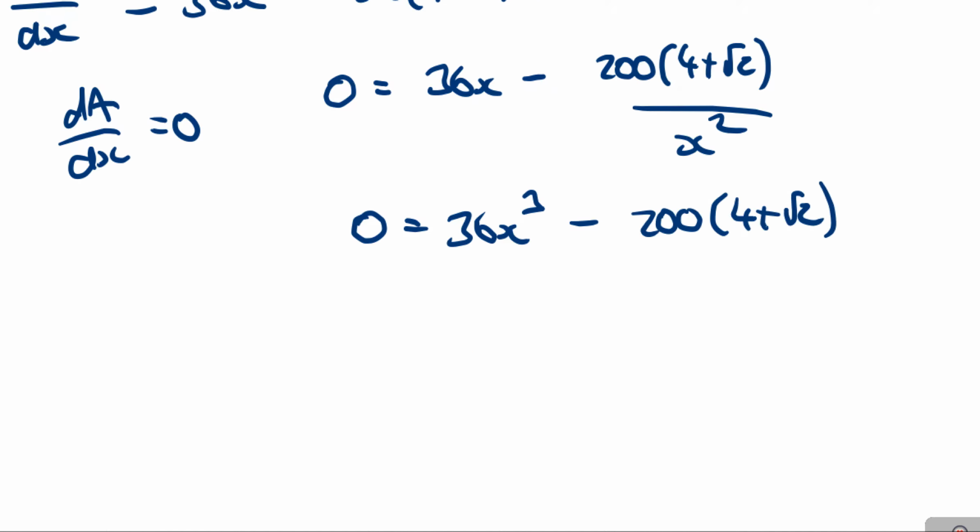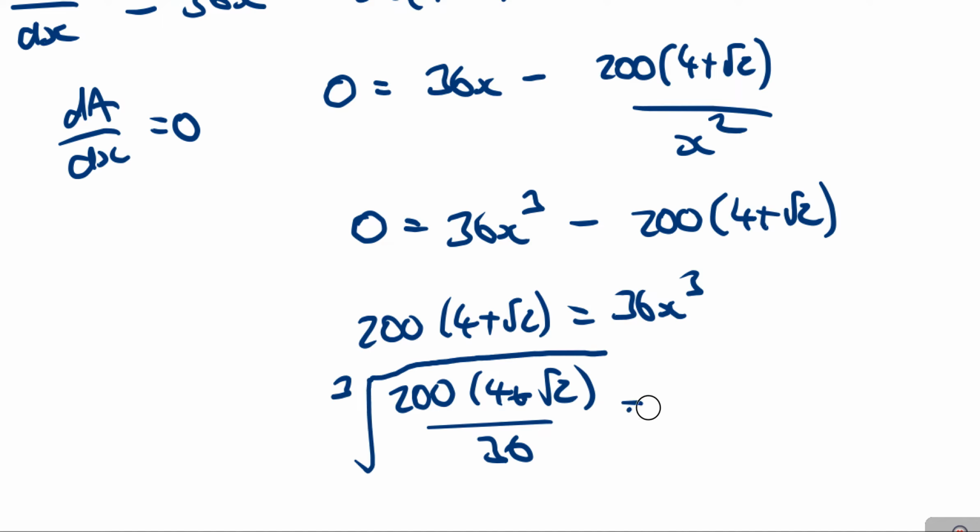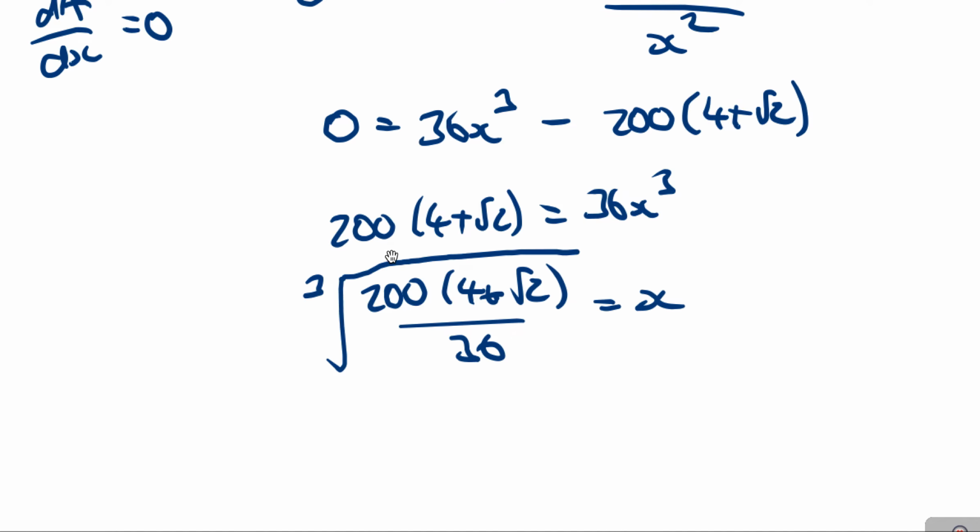Move that over to the other side and we get 200(4 + √2) equals 36x³, and then we're going to divide by 36, and then cube root our answer. And that gives us x. So we plug that in: it's the cube root of 200(4 + √2) divided by 36, and plugging that in we get x is equal to 3.109956342.